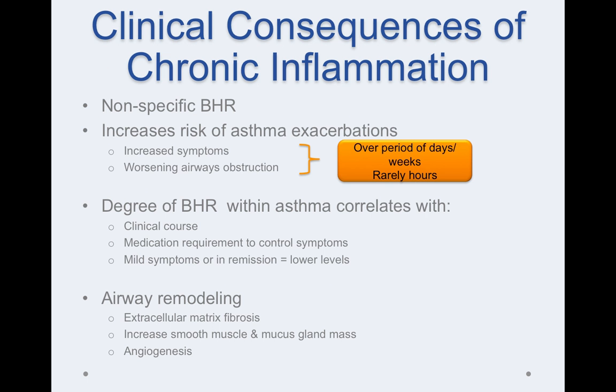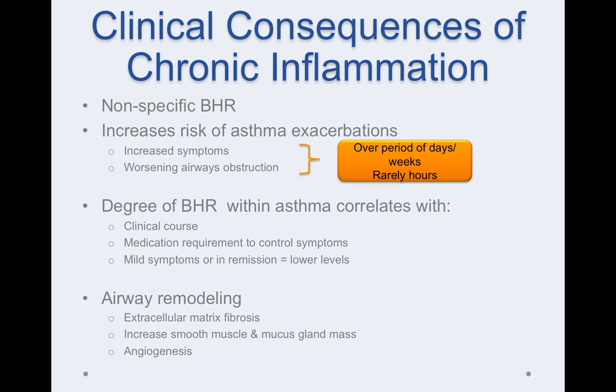Now that we've discussed the chronic inflammation of asthma, it's important to understand the clinical consequences of this inflammation. There is a nonspecific bronchial hyperresponsiveness that is involved in increasing the risk of asthma exacerbations. This furthermore results in increased symptoms as well as worsening airway obstruction.